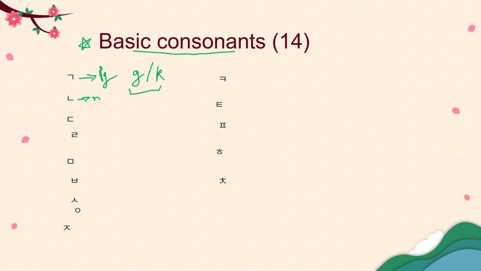And this you can remember because it looks like L, and the near letter to L, if you remove M, is N: L, M, N. So N comes near to L, so it has a little bit of relation to N, and you can remember it like this. So this is N, which is almost the same as in English.